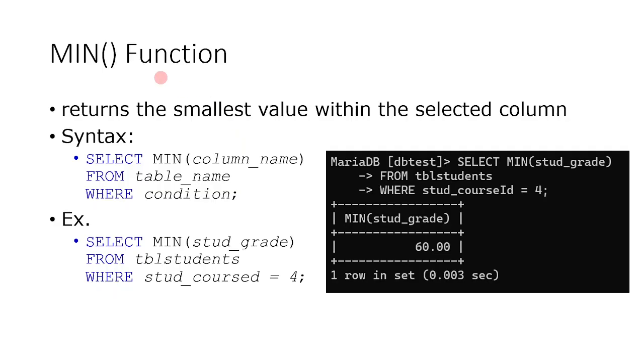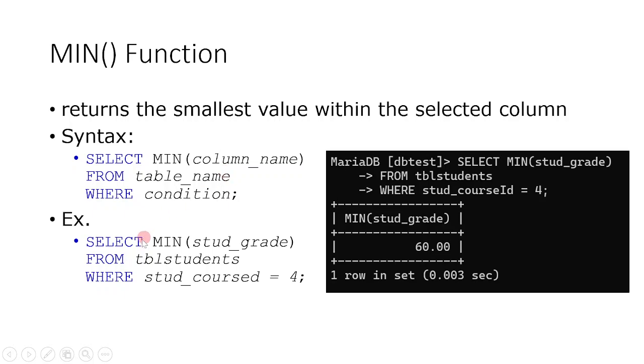It returns the smallest value within the selected column. Here we have the syntax for the min function: select min, then the column name, from the table name, and an optional where condition. Since the where is optional, you could also use only up to the from table name.